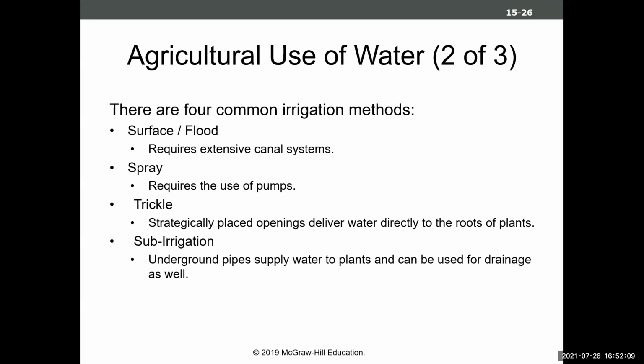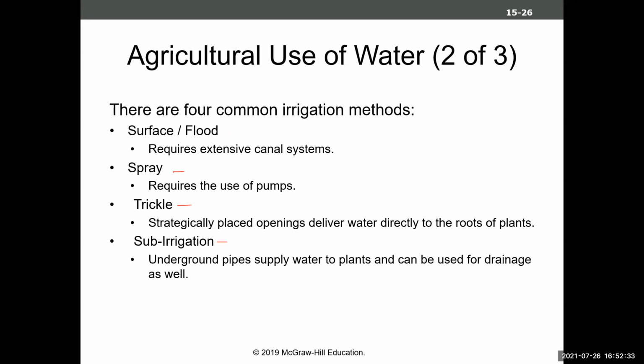Now, there are 4 common irrigation methods. So you have surface flood irrigation, spray irrigation, trickle irrigation, or sub-irrigation. Surface flood is basically where you flood a field and you irrigate it that way. Spray irrigation uses pumps to basically do a spray, almost like a water sprinkler.